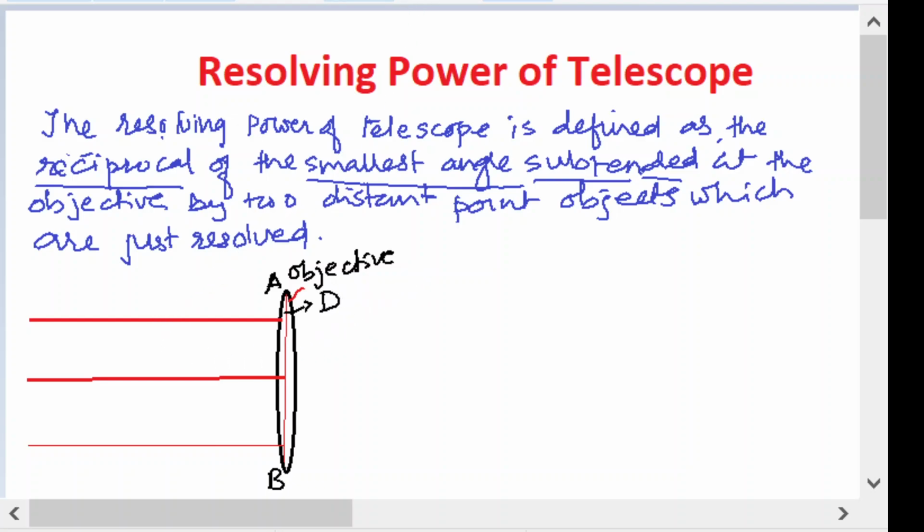All these rays are coming from the first star.